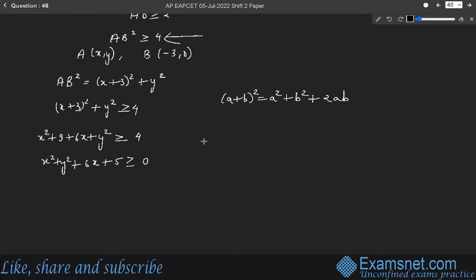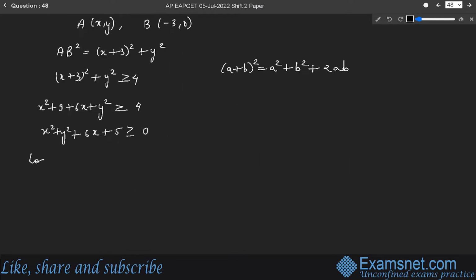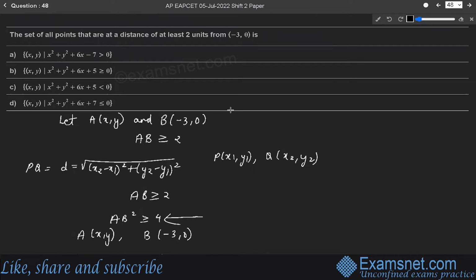Now, the locus of the point A will be x, y, where x square plus y square plus 6x plus 5 is greater than or equal to 0. This is the required answer for this question. Therefore, the correct option is x square plus y square plus 6x plus 5 is greater than or equal to 0, which is option number B here.